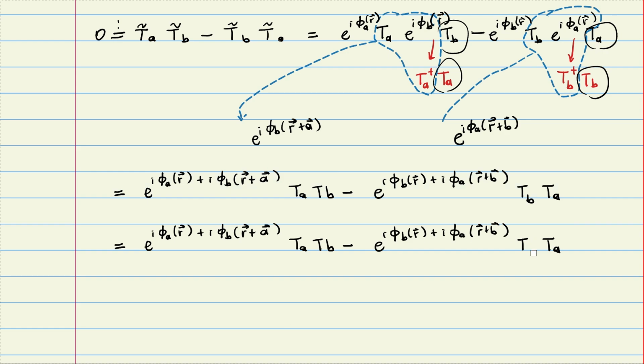So T_A T_B is equal to T_B T_A is equal to T_A T_B. They commute, they are the usual translation operators.